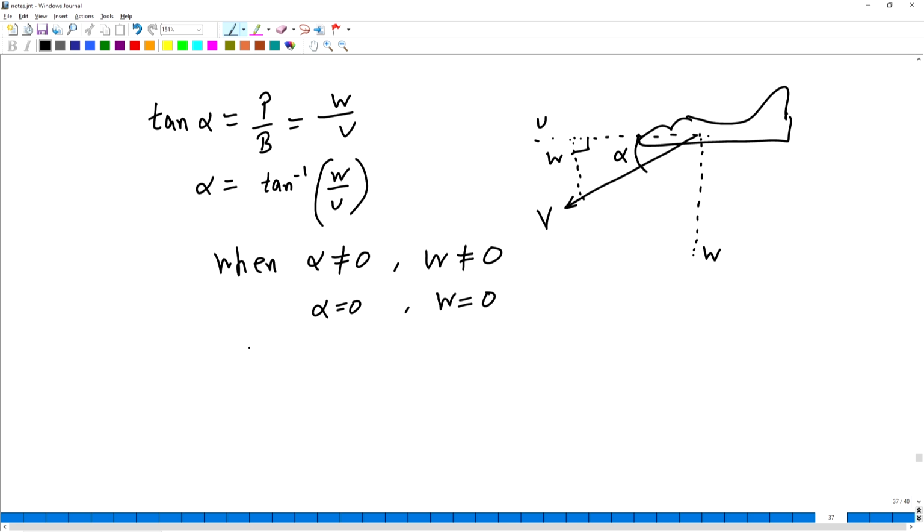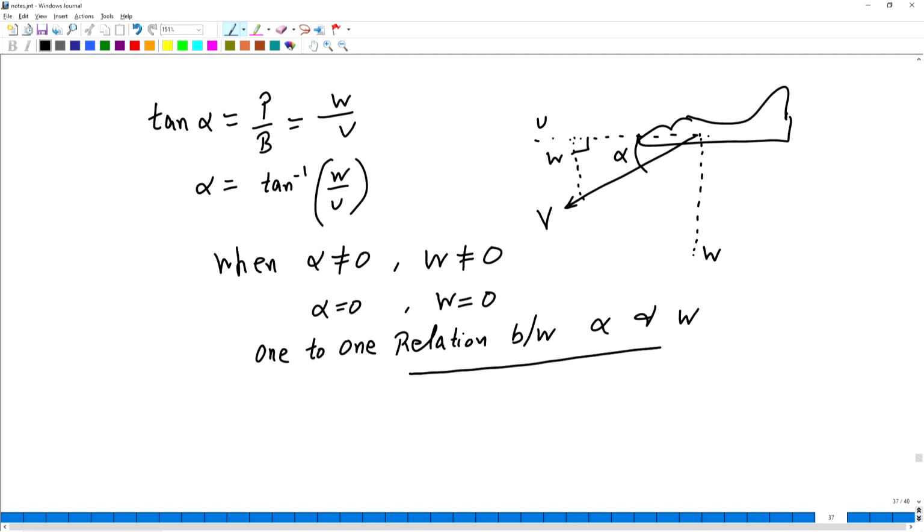So always remember that there is a one-to-one relation between alpha and w. That's why in many textbooks, in place of w, we can replace it as alpha as well.